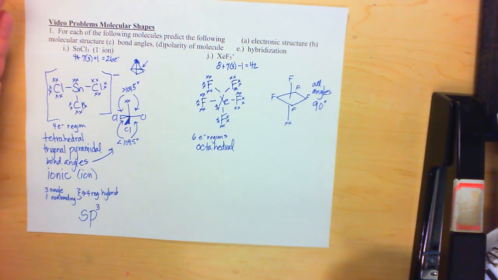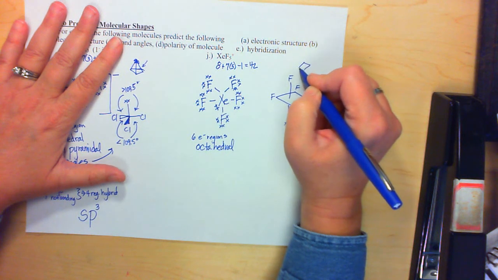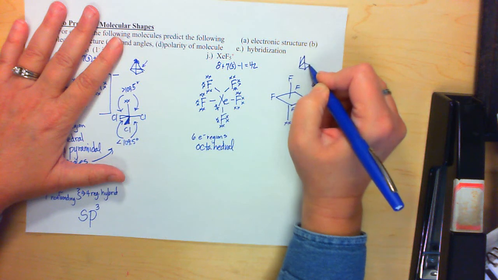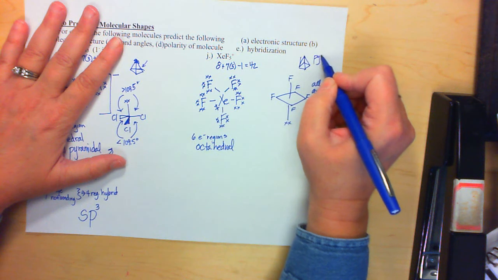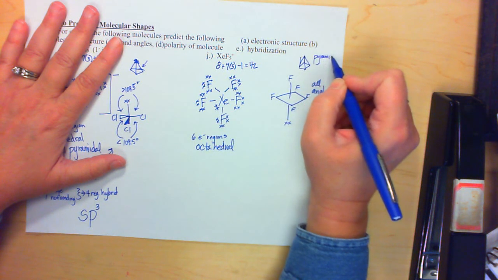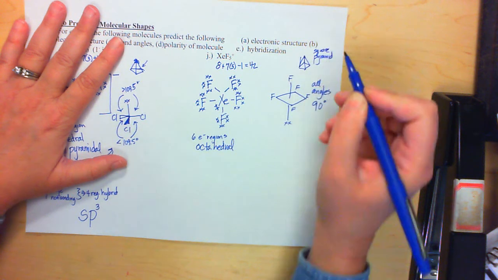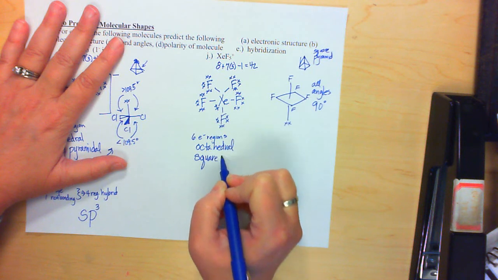Now, this structure is easier to see if you're using a model kit, to understand that it doesn't matter where you put it, you're going to get the same thing. So basically, if you have the trigonal planar, bad drawing again, then you're going to end up with a pyramid again, except this is going to be a square base. So the shape of the molecule is going to be square pyramidal.